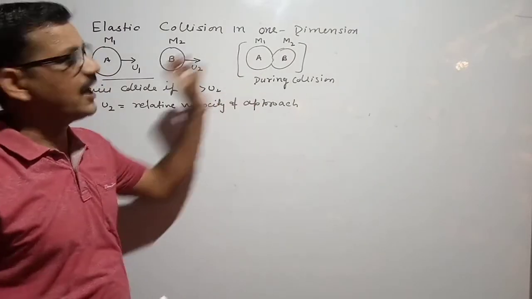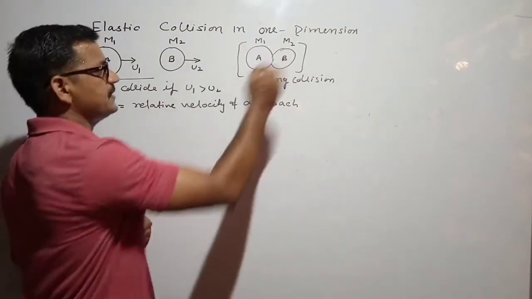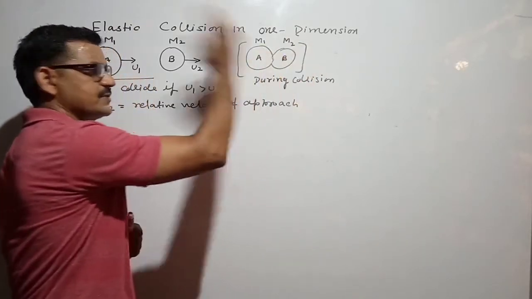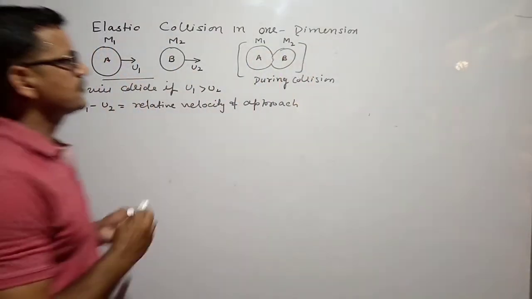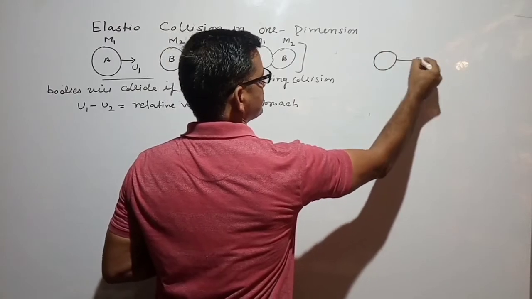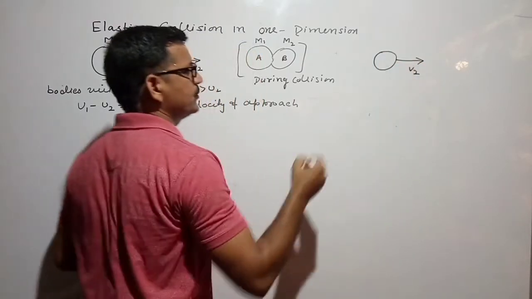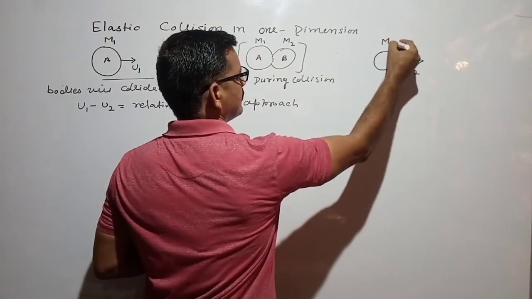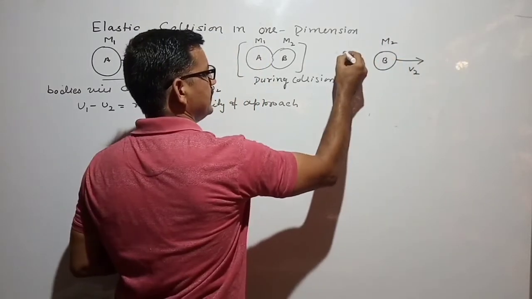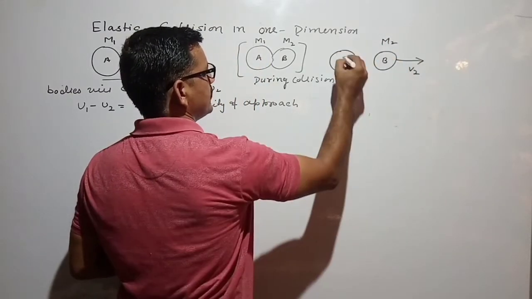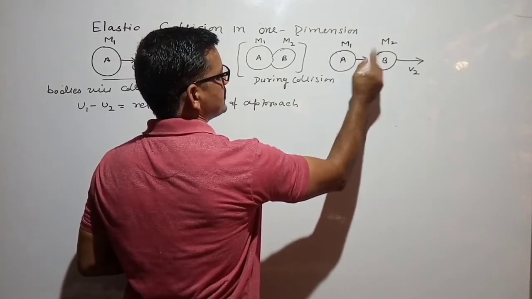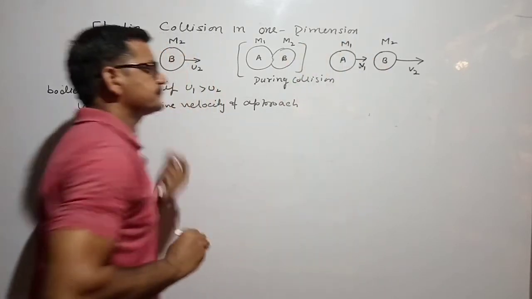They collided, but how will the bodies separate? They will separate if the velocity of body B is larger than the velocity of body A. So let the velocity of body B become v2 after collision, mass m2. It got separated out, and this is body A of mass m1, and let its velocity be v1.